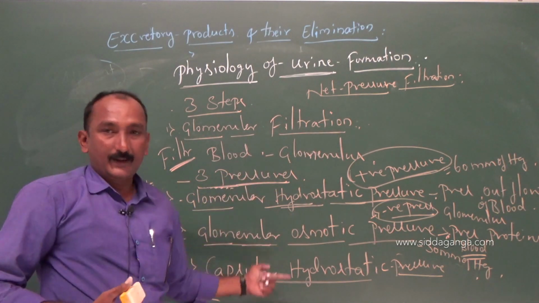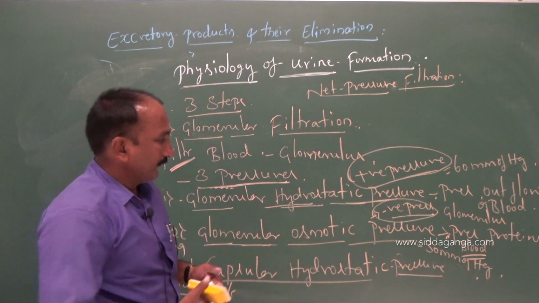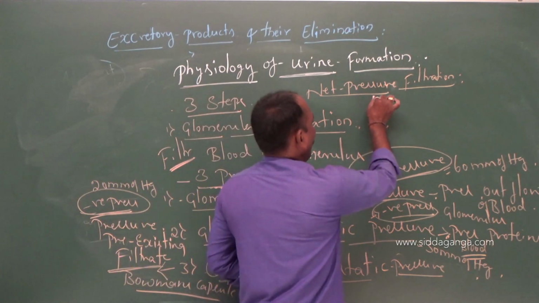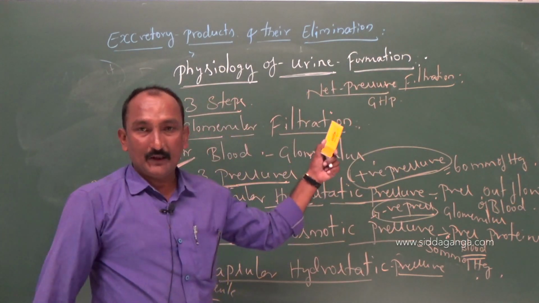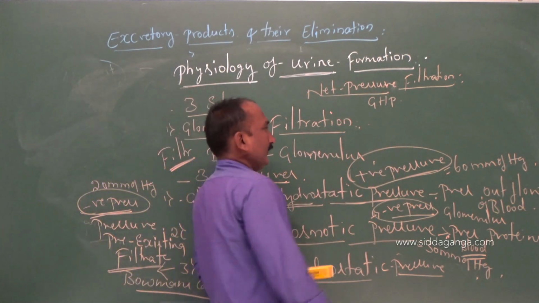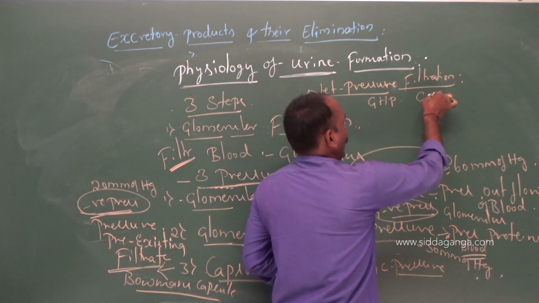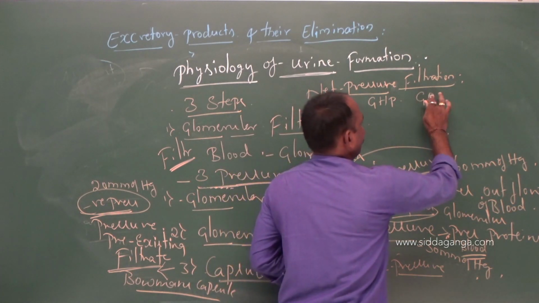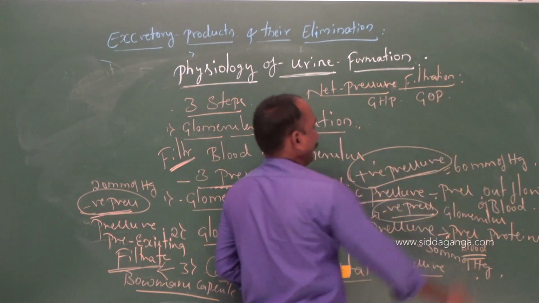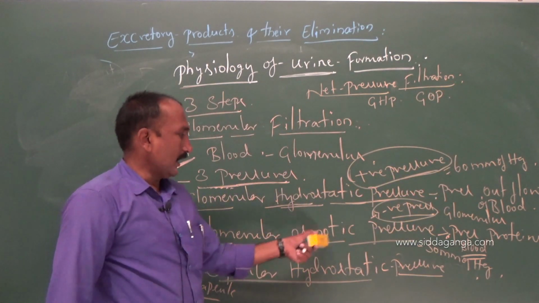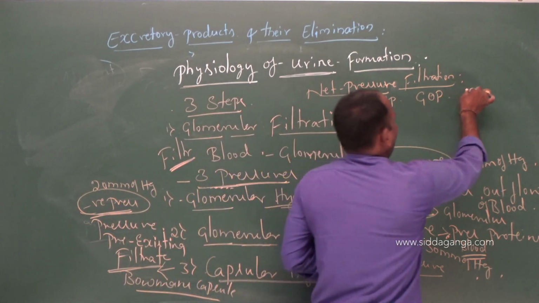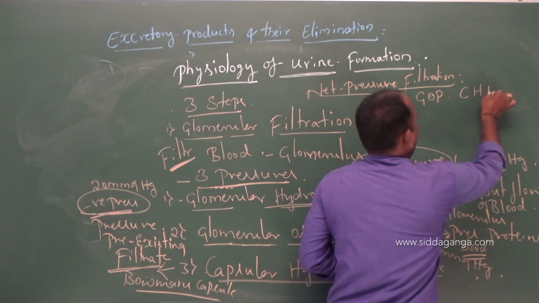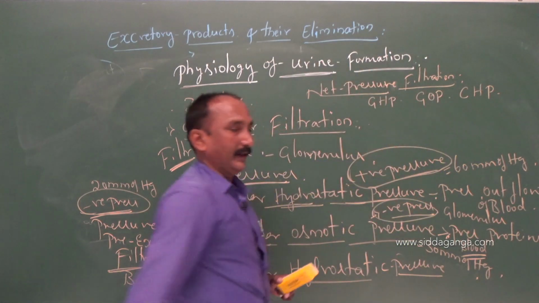Since three pressures are involved, one is glomerular hydrostatic pressure, simply called GHP, then glomerular osmotic pressure, GOP, and the last one, capsular hydrostatic pressure, CHP.